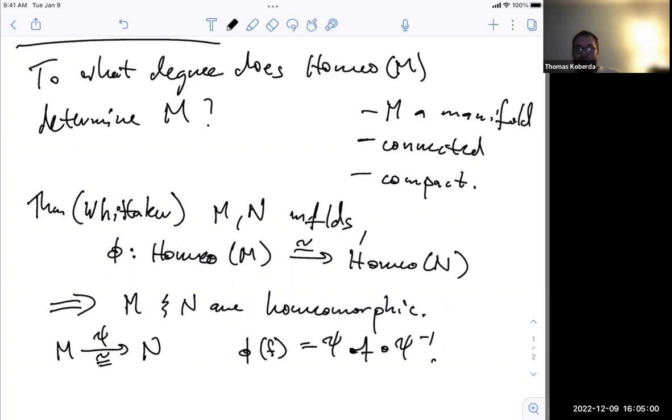So the isomorphism between the homeomorphism groups determines the homeomorphism between the underlying manifolds, and the isomorphism is given by this very specific type of map, just conjugation.